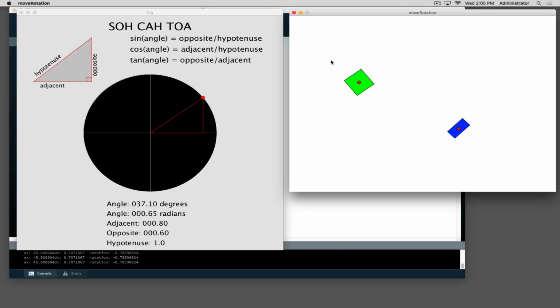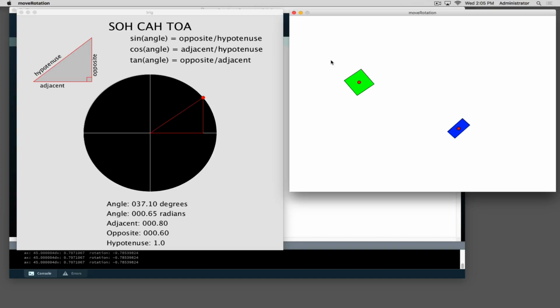So if we take the sine of an angle or the cosine of an angle, the sine of the angle is the opposite measure divided by the hypotenuse. The cosine is equal to the adjacent divided by the hypotenuse. So when we're trying to figure out how much I need to move each frame, well, opposite, that's going to be my y, so we see that's a sine.